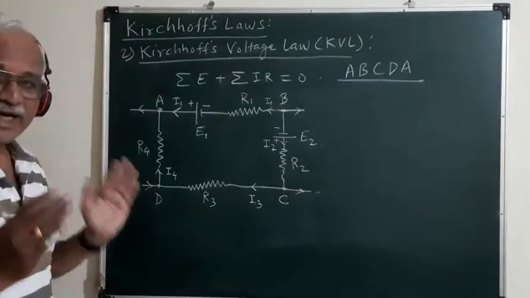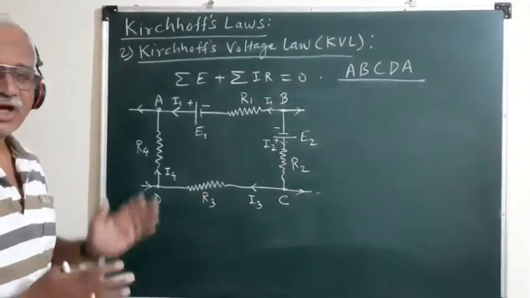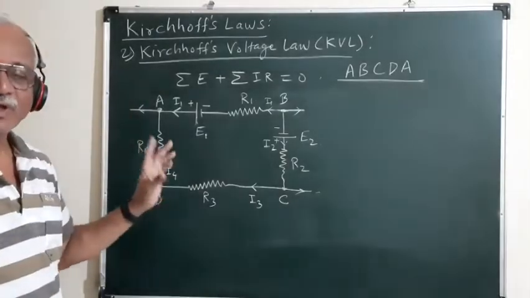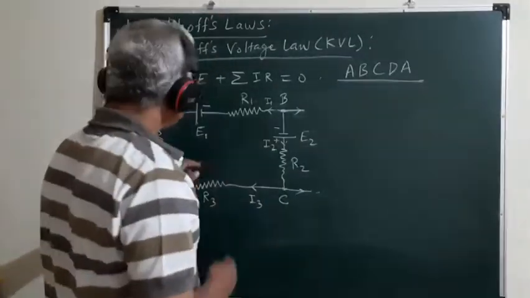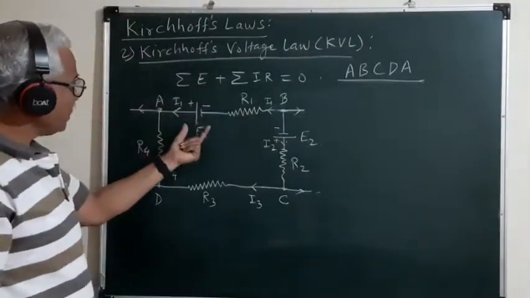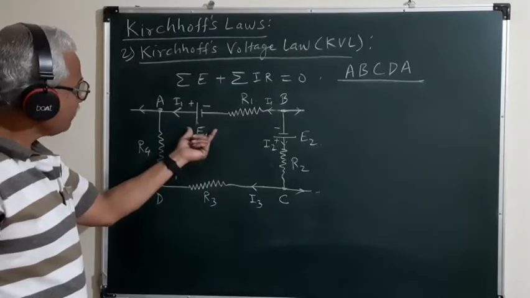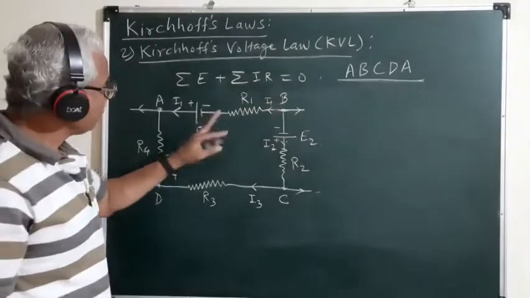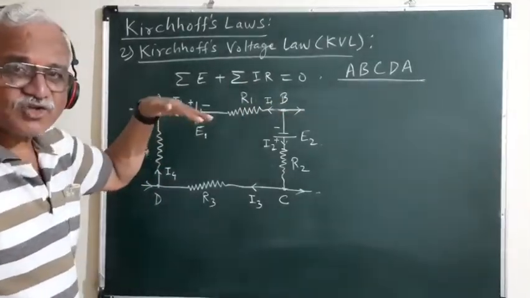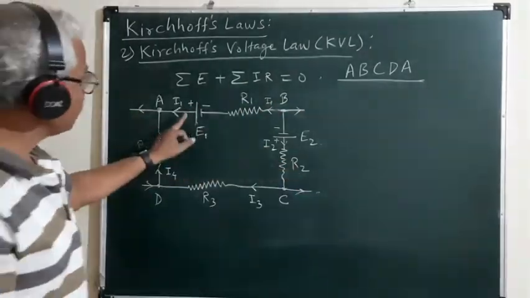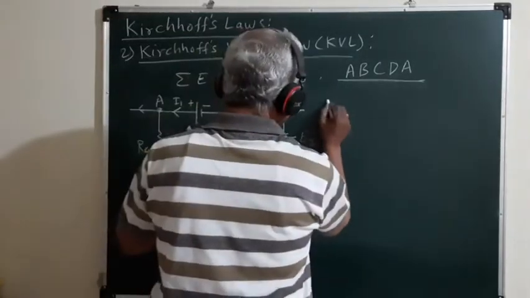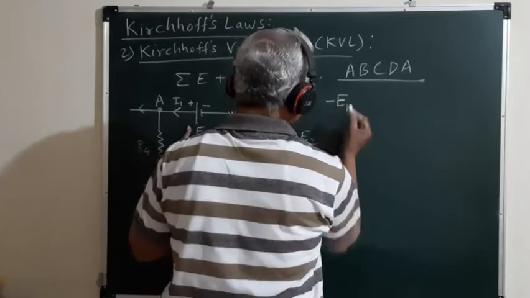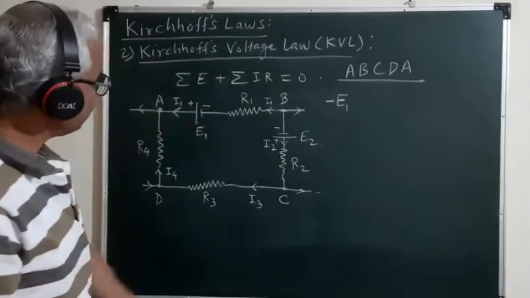So we can write the voltage equation for this closed loop ABCDA. In the first branch we have the source of EMF E1, and while traversing this loop from A to B, we are moving in the direction of decreasing potential, so the EMF of the source E1 must be taken negative. So it is minus E1.